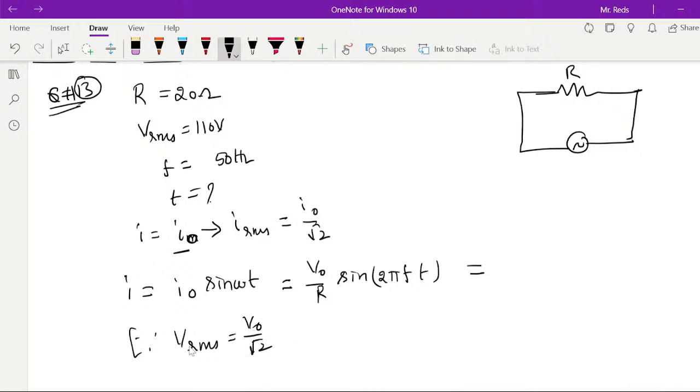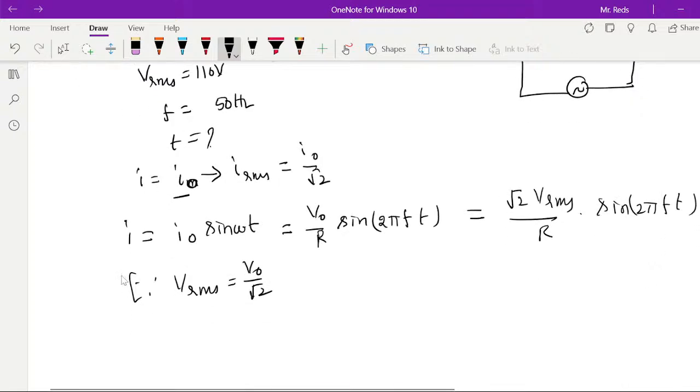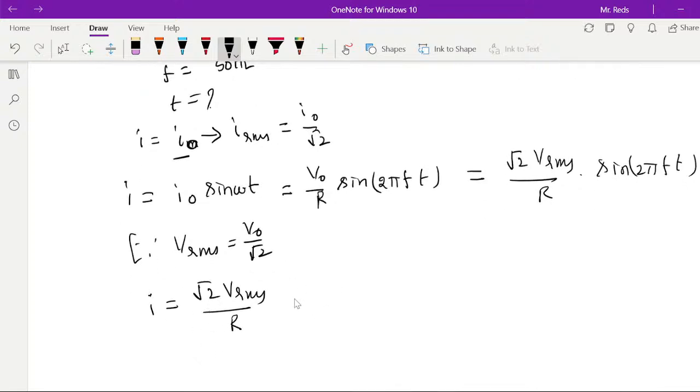From this, V naught equals root 2 VRMS. So I is equal to root 2 VRMS by R into sine 2 pi f t.